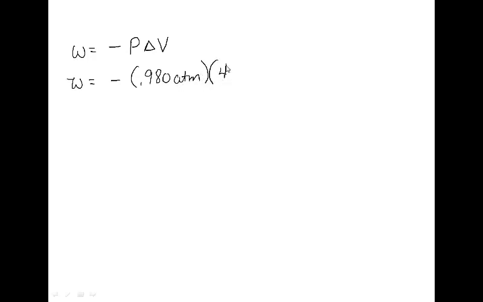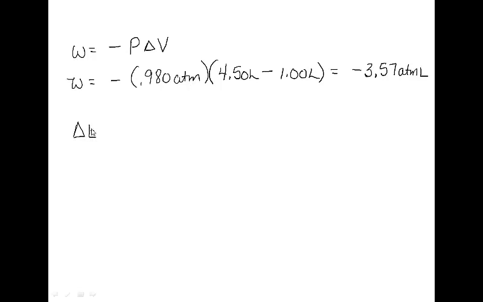It gives me final volume in liters minus initial in liters. Plug it into my calculator, 3 sig figs with my answer, and I get this with some weirdo units, but that's the work. Again, the negative value. The system does work on the surroundings.